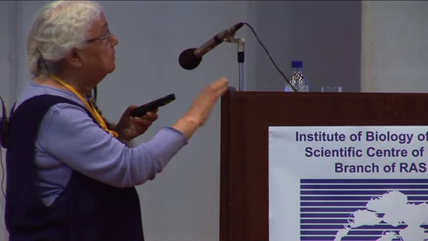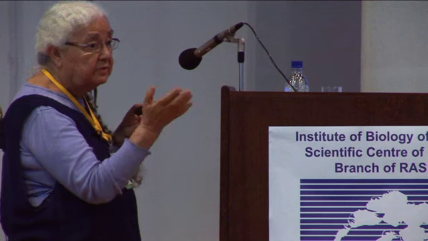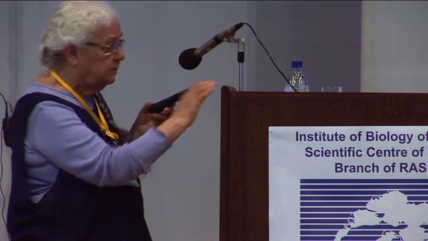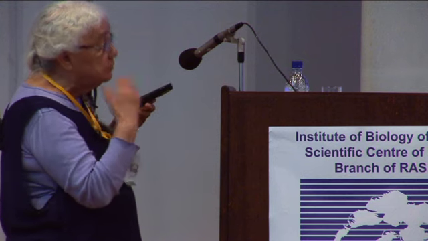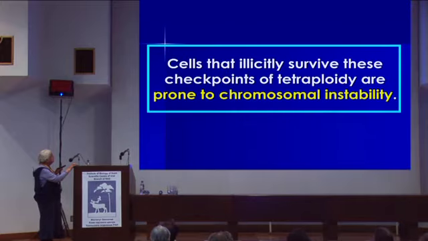Several mechanisms exist which avoid the generation of viable tetraploid cells, or eliminate them. Cells which do survive these checkpoints of tetraploidy are prone to chromosomal instability.